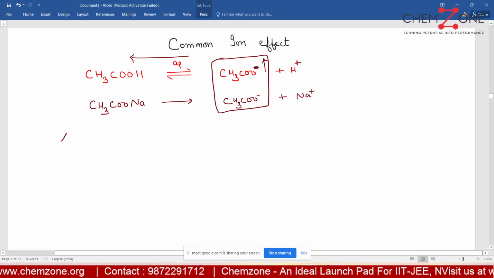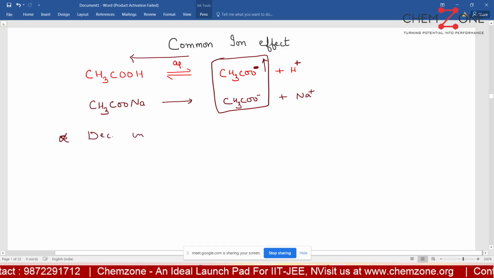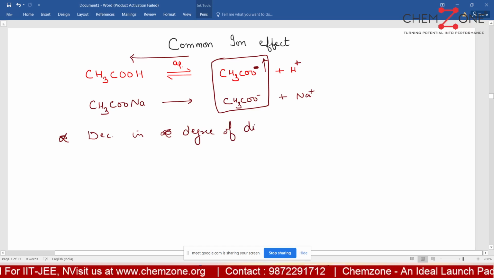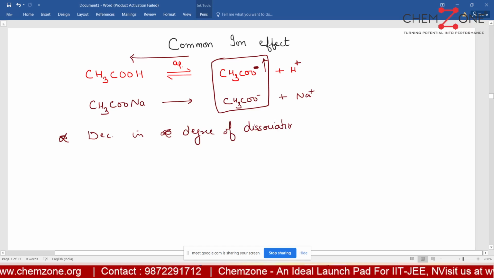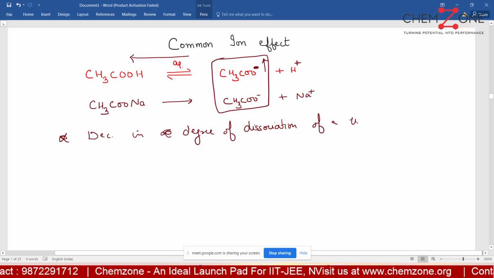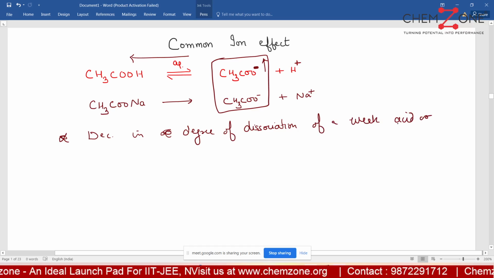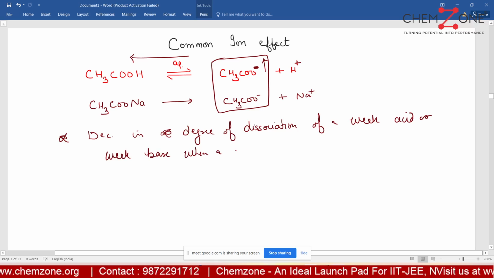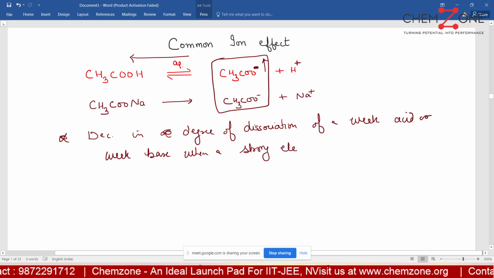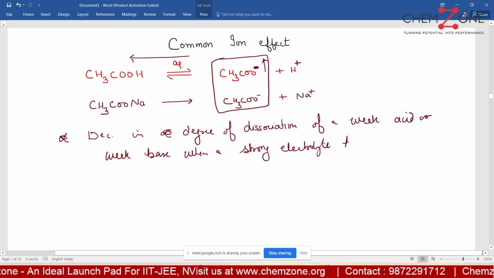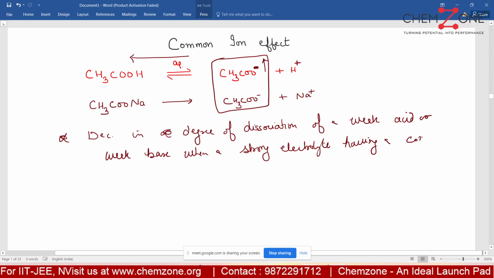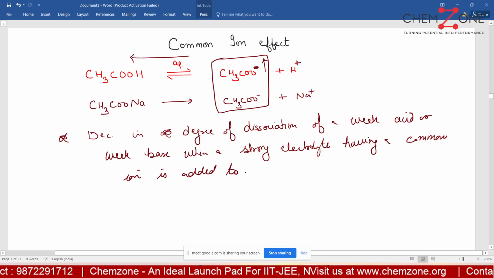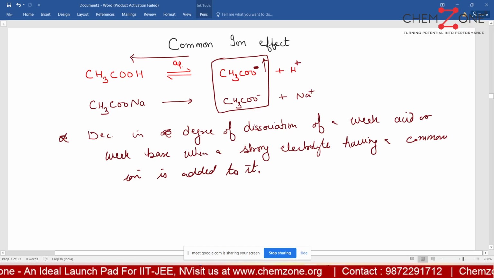Write down. Common ion effect is the decrease in degree of dissociation of a weak acid or weak base when a strong electrolyte having a common ion is added to it.